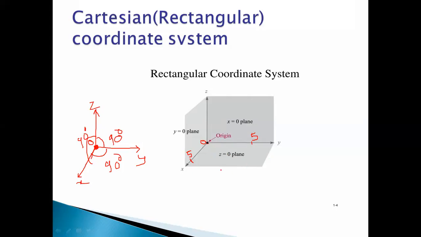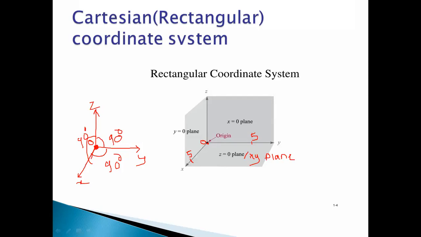Therefore, in that X, Y plane, your Z is equal to 0, because the X and Y plane is nothing but the floor, and the Z coordinate is equal to 0 there. Therefore, this is called the Z equal to 0 plane, or it is also called the XY plane.